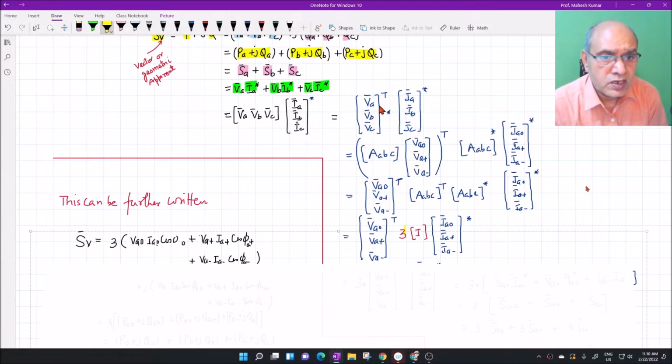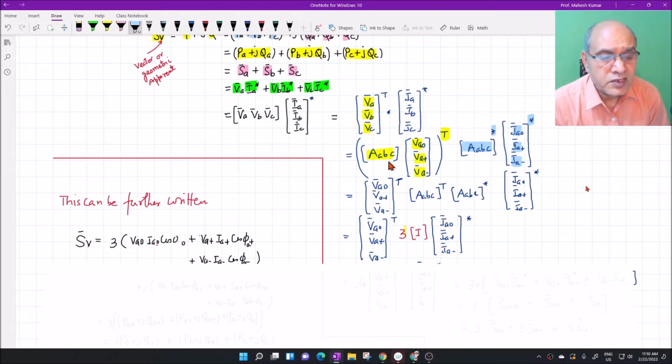You know that ABC can be transformed to VA0, VA plus, VA minus, or we can write ABC in terms of the zero, plus and minus row matrix A ABC. Then the transpose of this, and the remaining term is the current column vector, so first is A ABC transpose, and then IA0, IA plus and IA minus.